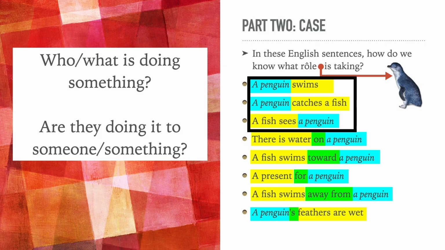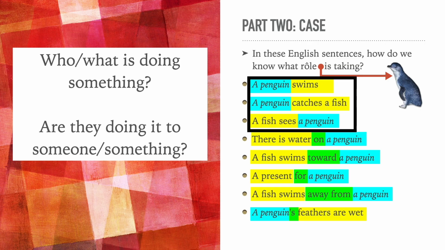If I said a penguin catches a fish and I said a fish catches a penguin, they are two different scenarios. But we can also see, importantly, that in all of these, a penguin is the same phrase over and over again. A penguin never changes in these examples.